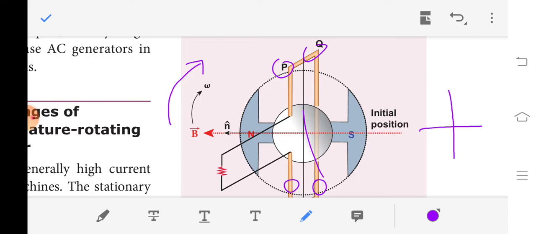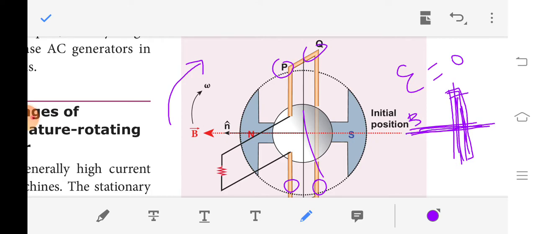I once again repeat: the magnetic field B and the coil PQRS are perpendicular to each other, so the induced EMF is 0.